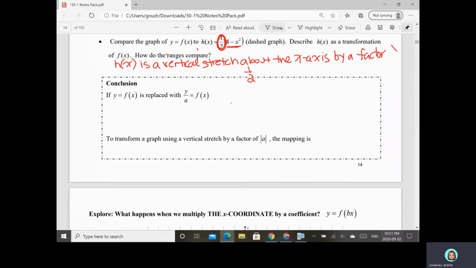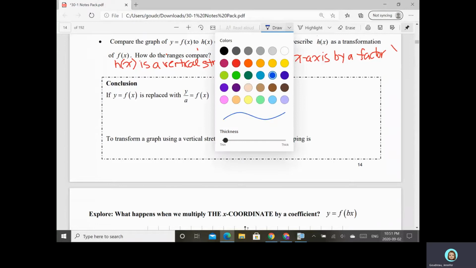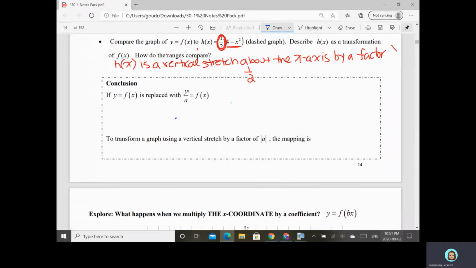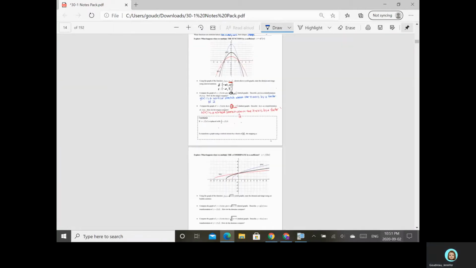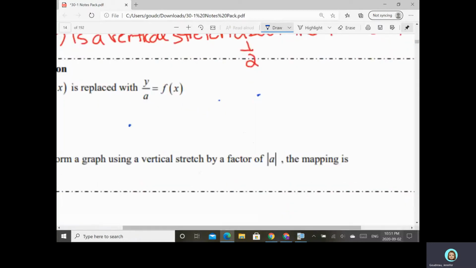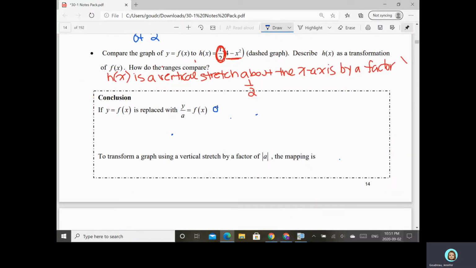If we start with y equals f at x, and either we replace y with y over a, or we put that coefficient in front, we write y equals a times f at x.